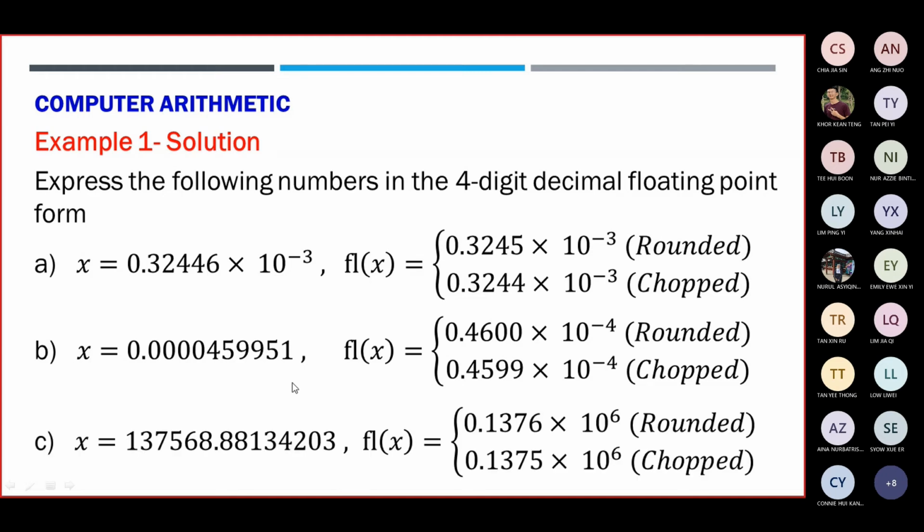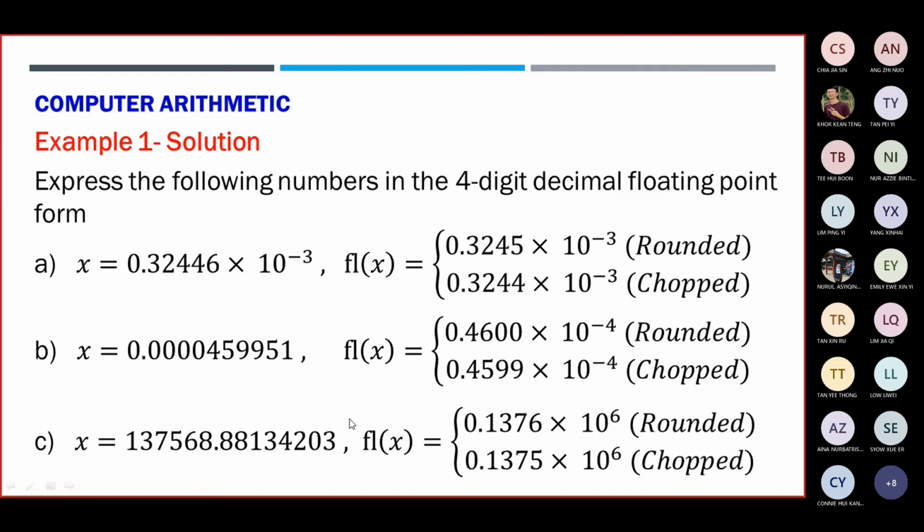Likewise, example number 3. This is 13756.88134203. Same thing. When we consider 4-digit decimal floating point, first we need to convert this number into the normalized decimal floating point form, and after that look for the 4-digit decimal floating point.